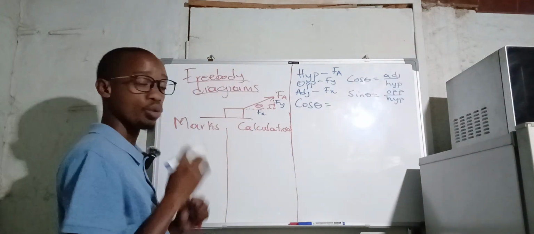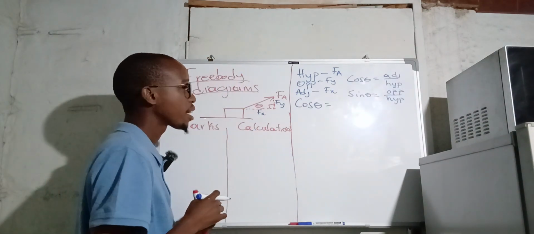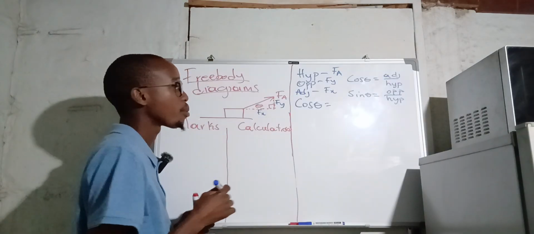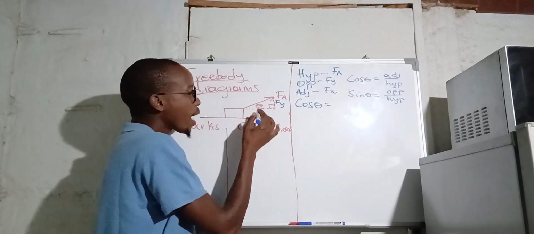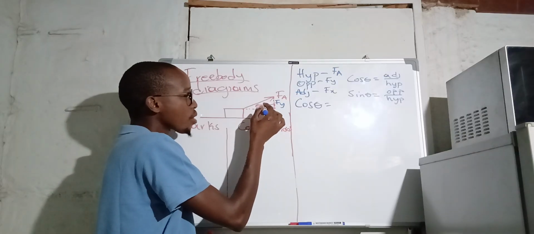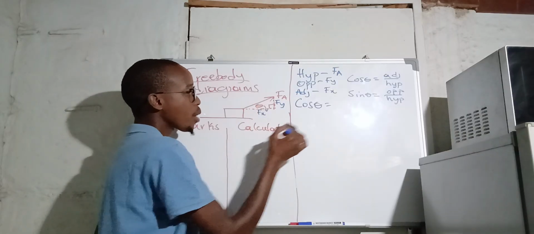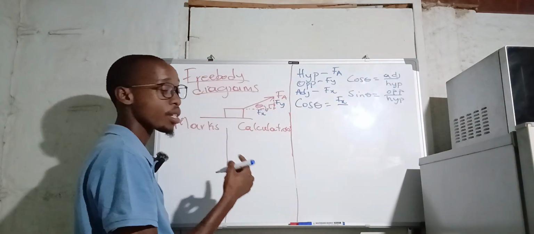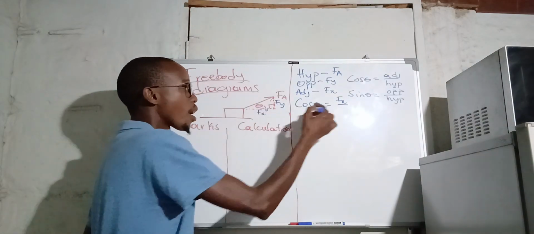Now let's utilize those two ratios of trigonometry. The adjacent side to the angle theta is going to be our Fx. I'm going to write Fx, and then the hypotenuse, as I stated prior, is our Fa.